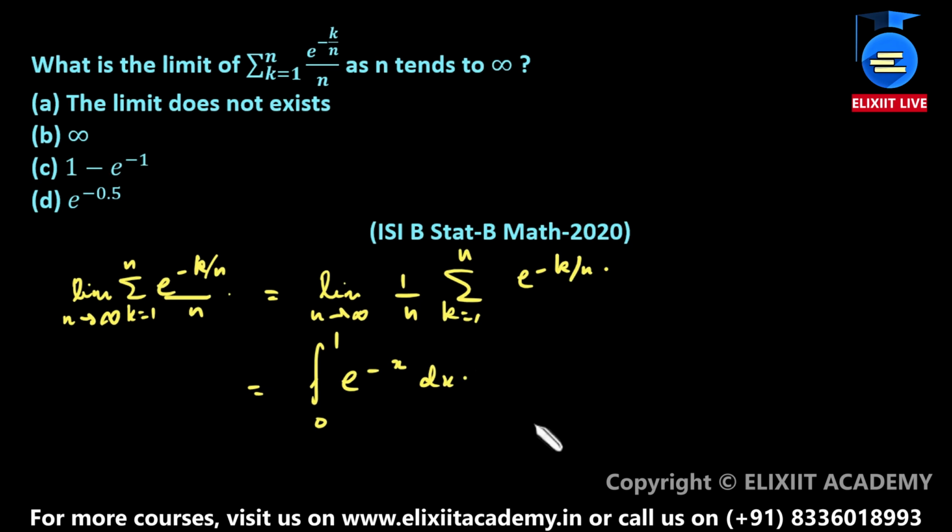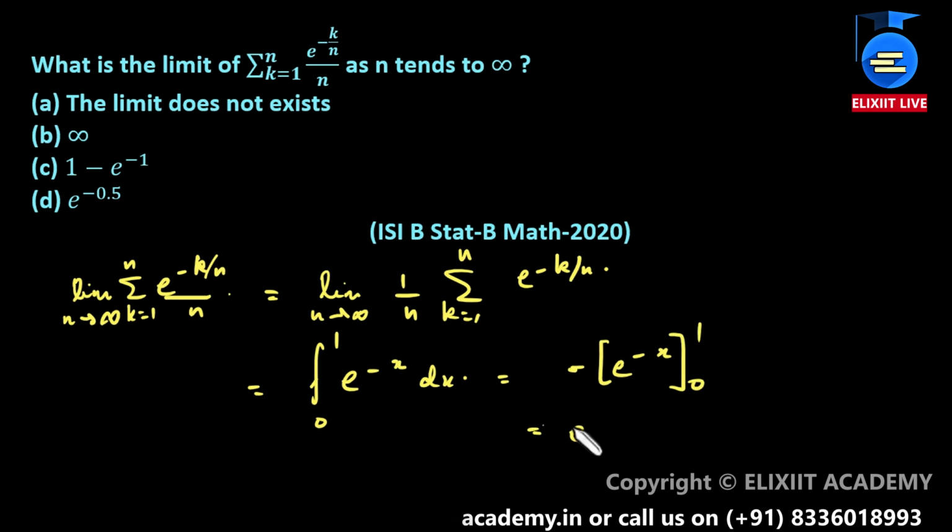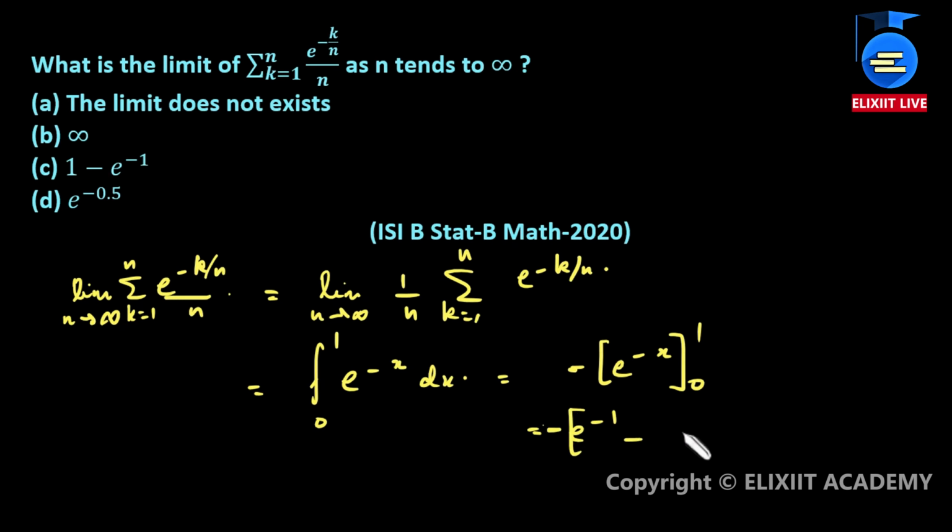So this is the integration of e to the power minus x, which is minus e to the power minus x, and the range goes from 0 to 1. So this is minus of e to the power minus 1 minus e to the power 0. This is 1, so we have 1 minus 1 upon e. So option C is correct.